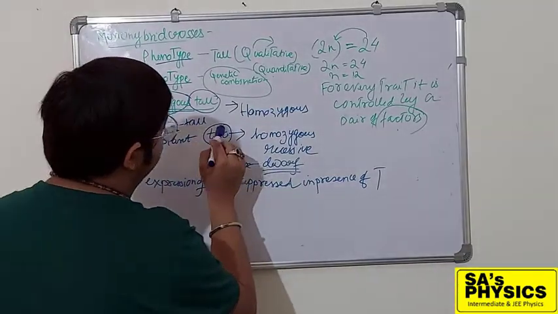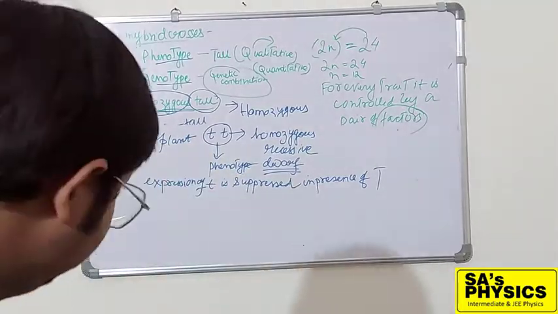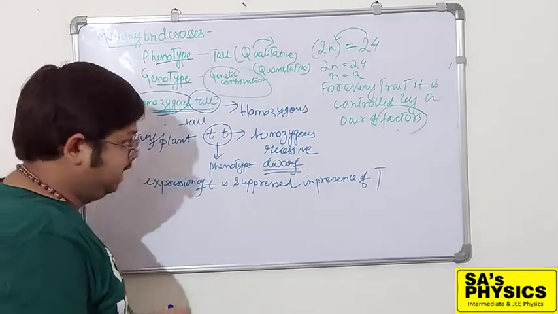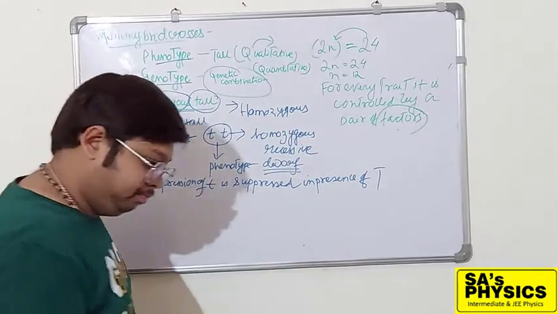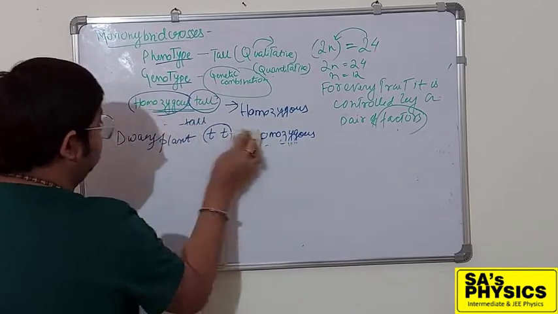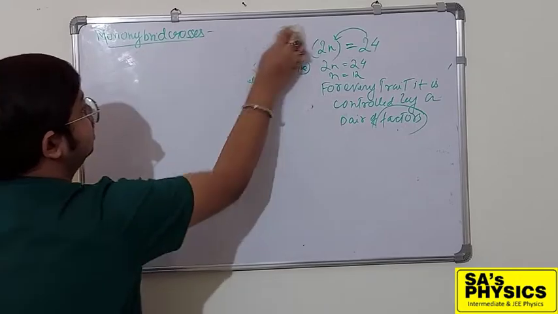Only in homozygous recessive condition, small t allele will be expressed and a dwarf plant will be produced. Right? So this is the background. Now with this background, we'll see some crosses.